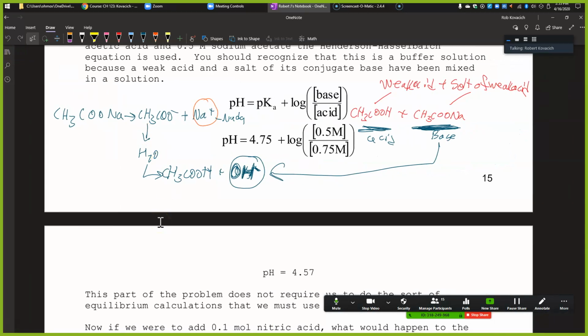Something else with those buffer problems? Could we do another one? It's still a little confusing to me. Yeah, absolutely, no problem. Let's find one. Let's go to worksheets, acid base, buffers.